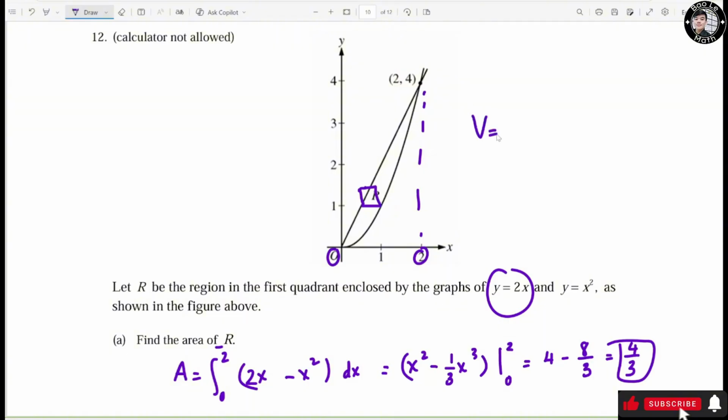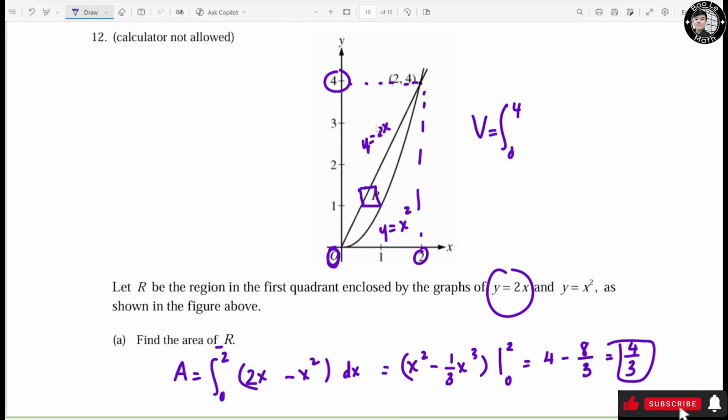So V equals the integral from 0 to 4 right here. The side of the square is the difference between the functions y equals x squared and y equals 2x.